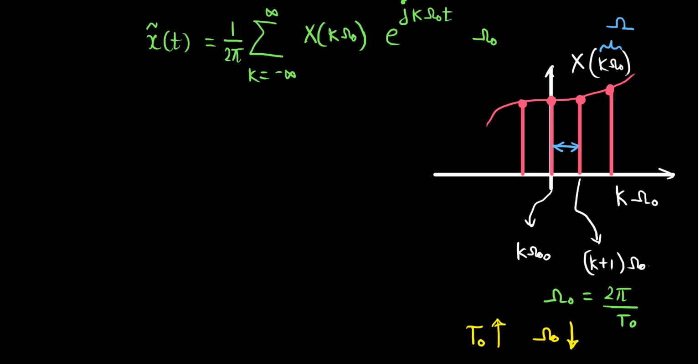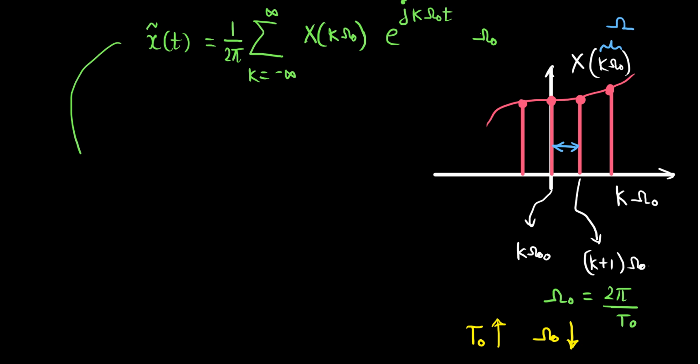This k omega naught is going to be a continuous variable, and we know what is going to happen if t naught tends to infinite. This x of t, that is a periodic signal, is now going to be aperiodic in nature. That means that is going to be x of t.